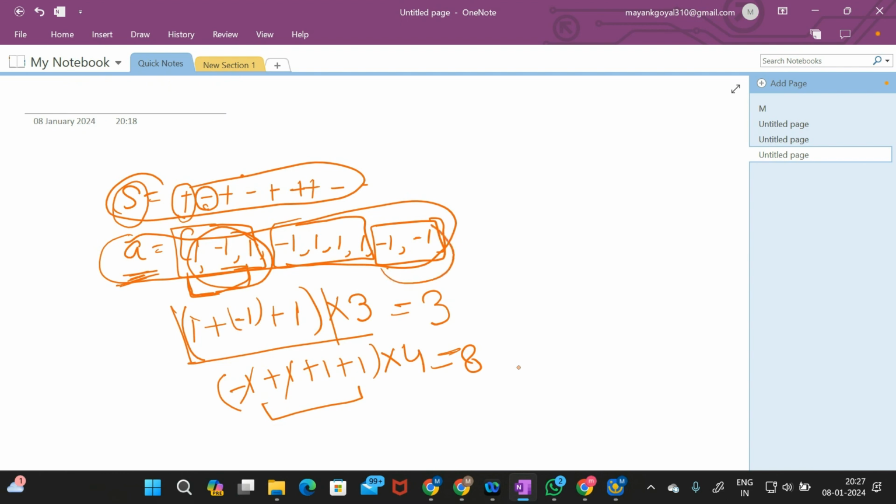And similarly we calculate the penalty of this subarray: minus 1 plus minus 1, and we take the mod of this, into 2, the length of this subarray. Minus 1 minus 1 is minus 2, and mod of that is 2, into 2 equals 4. We have to take the absolute value of the summation of every element of the subarray.